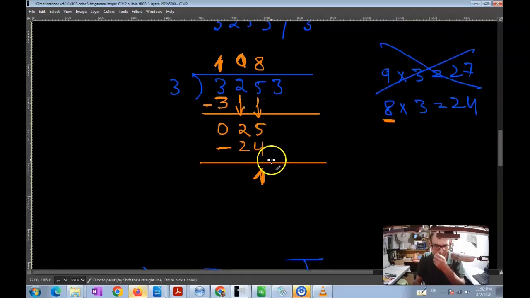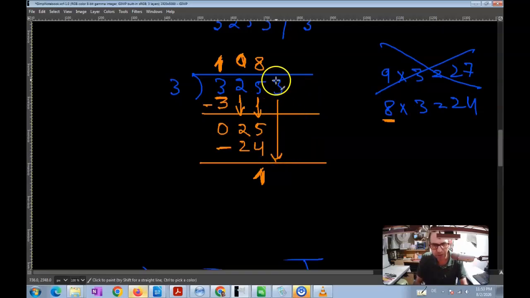Now I have to bring in the 3 loose pebbles that I still have remaining in this number, right? So I bring this down.